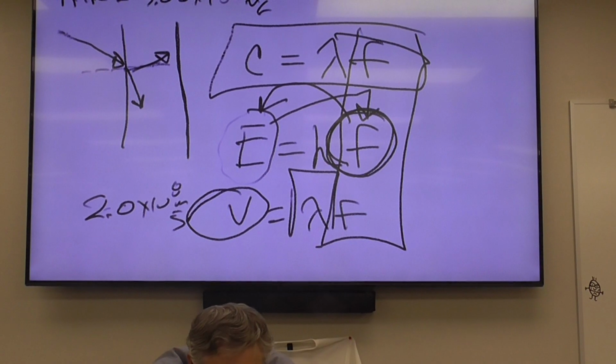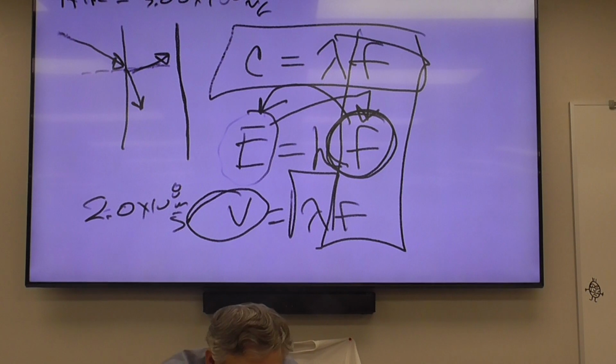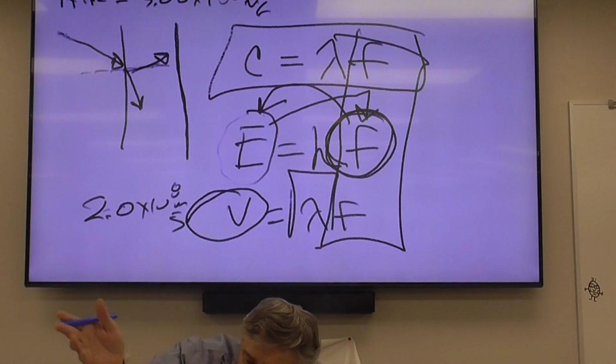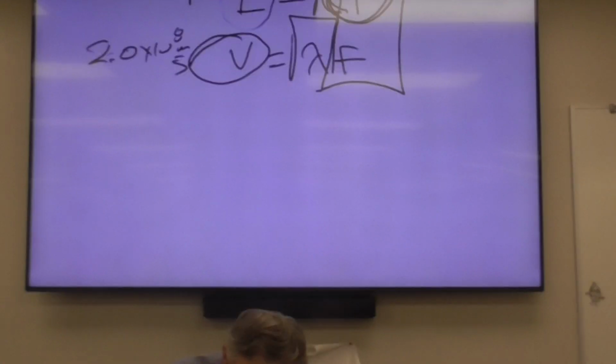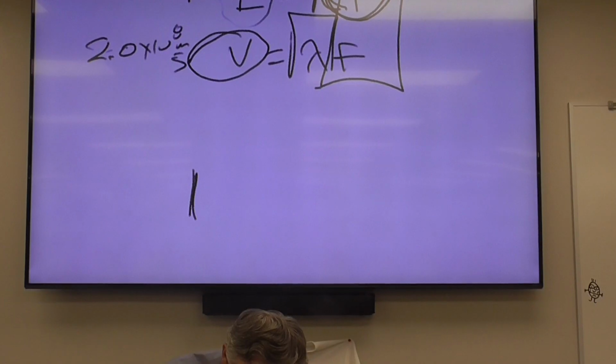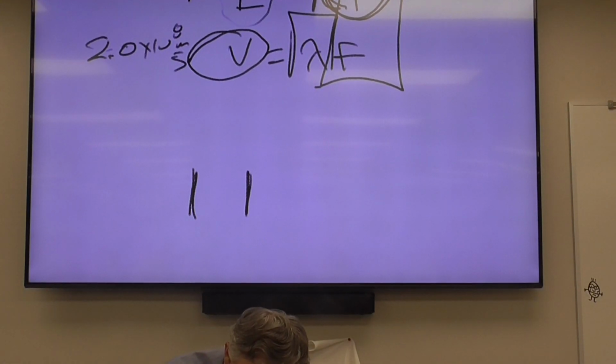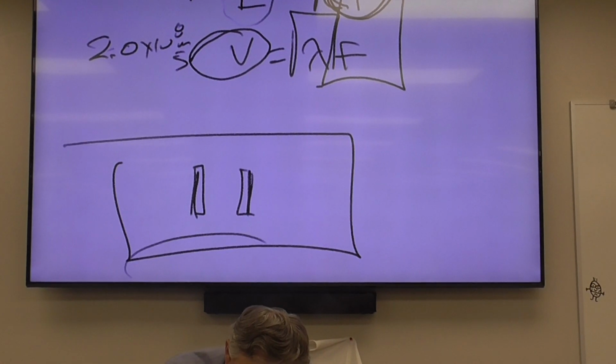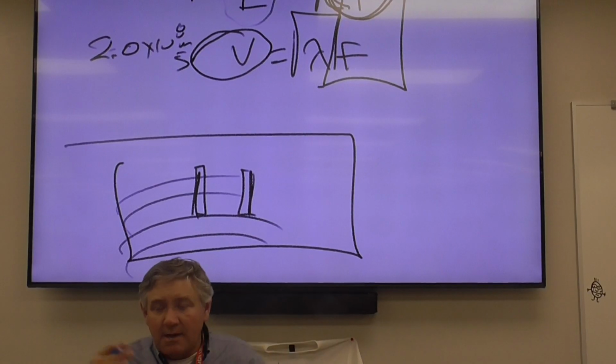Now, let's talk about question number 4. Double slit interference pattern shows fringes on a screen. This is what I showed you all yesterday. On a double slit experiment, you have an opening in the screen, and you have a source of some type of wave energy.